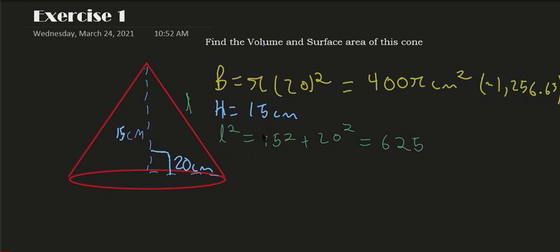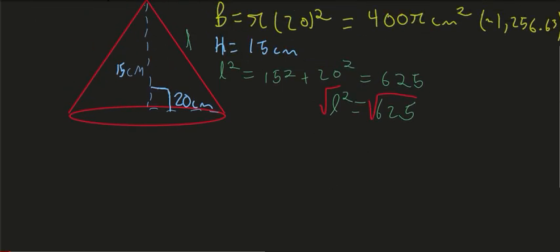And to get L by itself, we're going to take the square root of it, because we have L squared is equal to 625. So what do we have to do to take out the squared? We just have to square root both sides. And what we get for the final solution is that L equals 25.